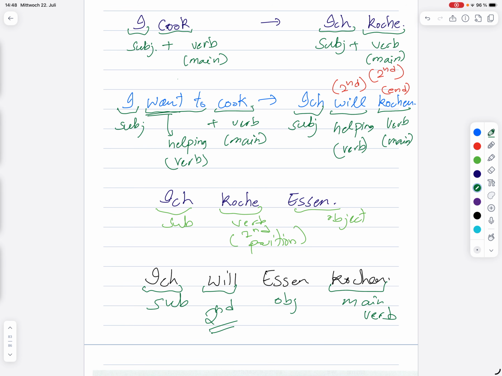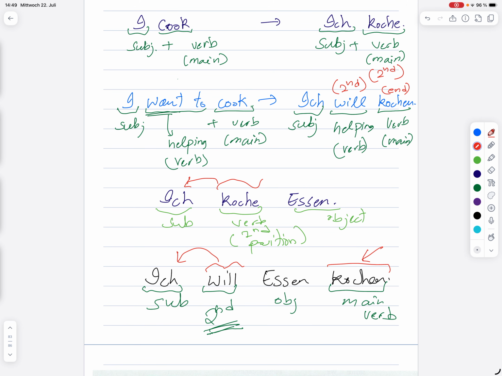So what happens when you use a modal verb? You have the modal verb in the second position, and this will be conjugated. Usually we conjugate the verb kochen according to the subject. Here we conjugate the modal verb according to the subject, and it will be in the second position, and your main verb will go to the end of the sentence.